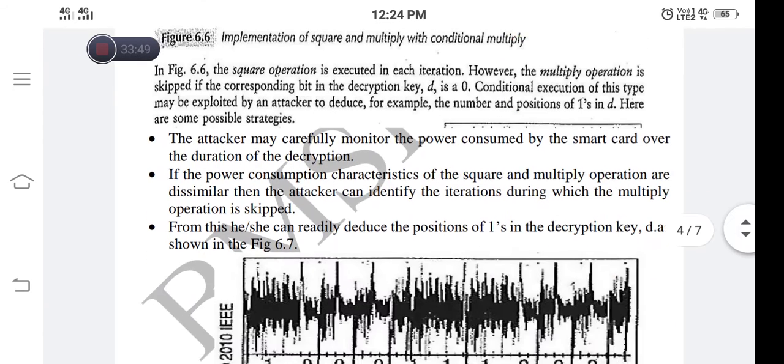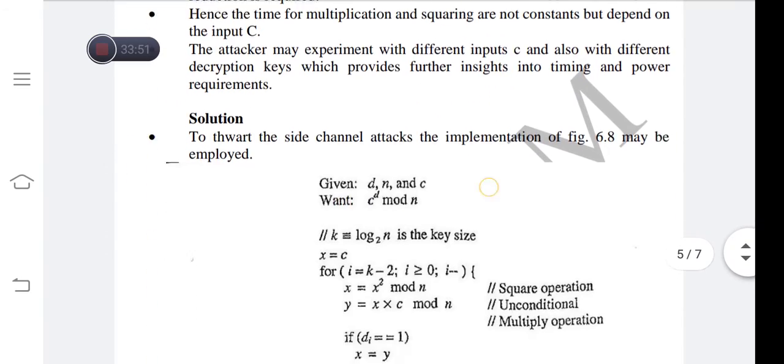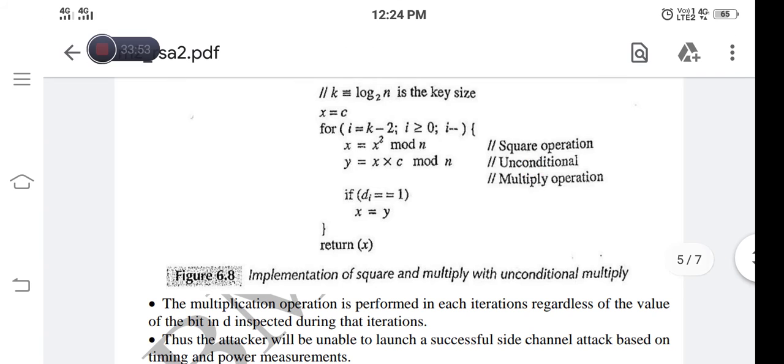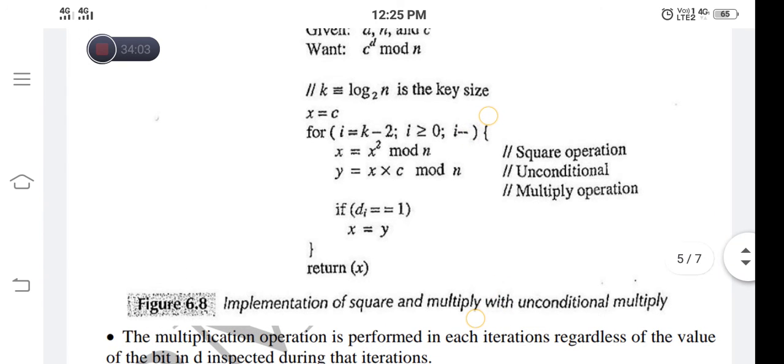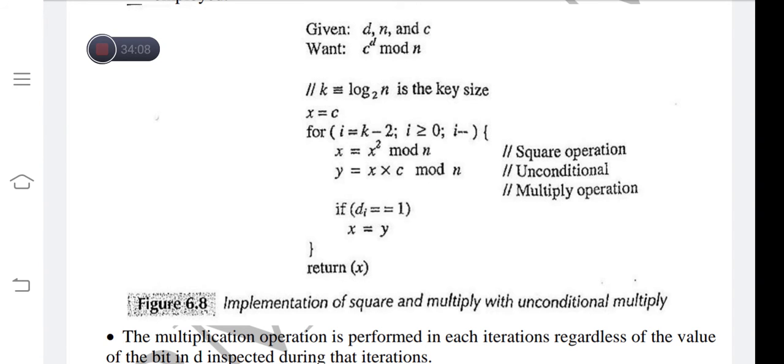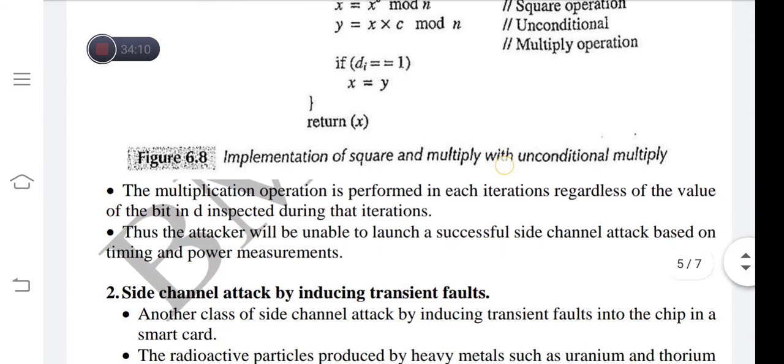To avoid such a disadvantage, we had one more modified code where there was no condition for the multiplying operation. An unconditional multiply operation was there. So even though we have this, how can an attacker attack the RSA algorithm?